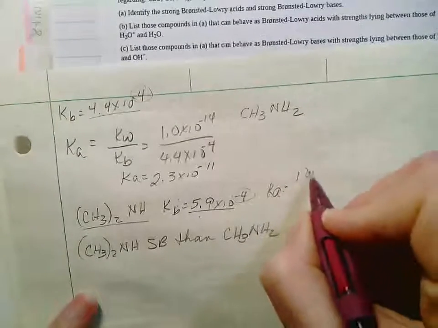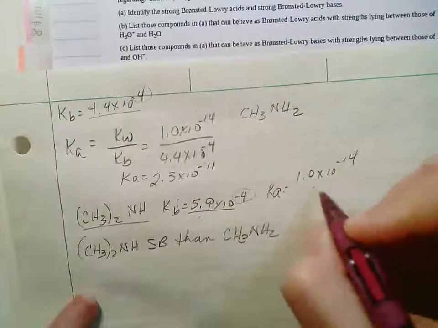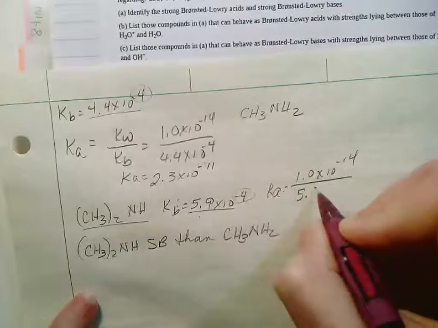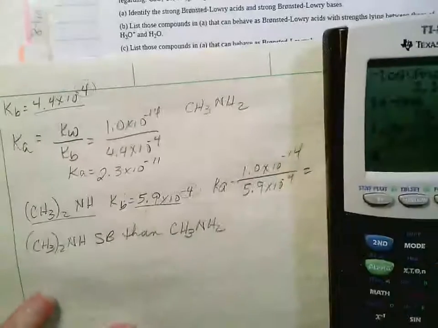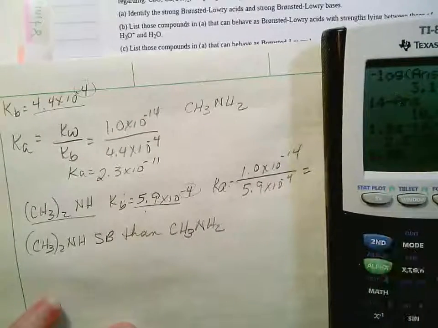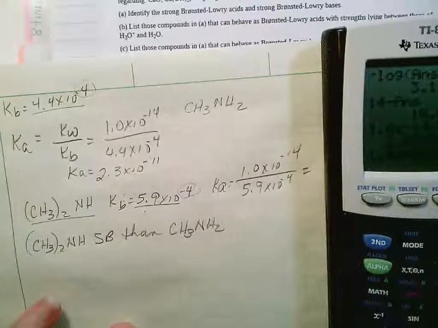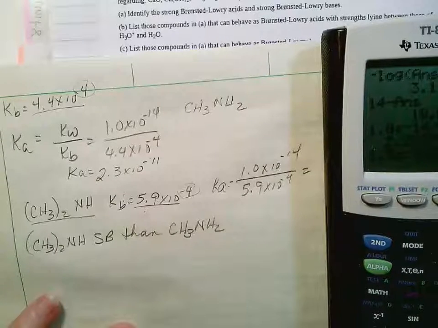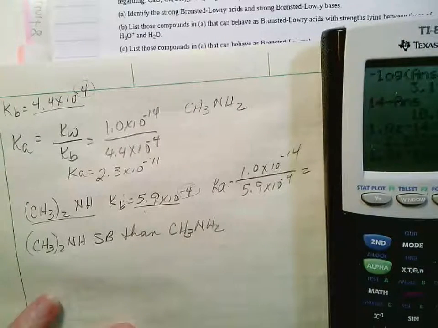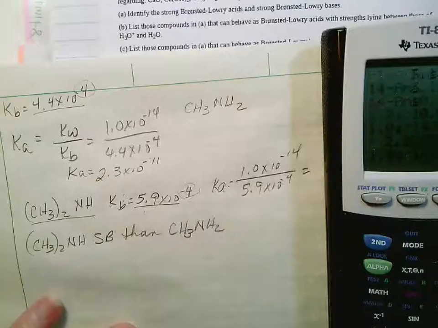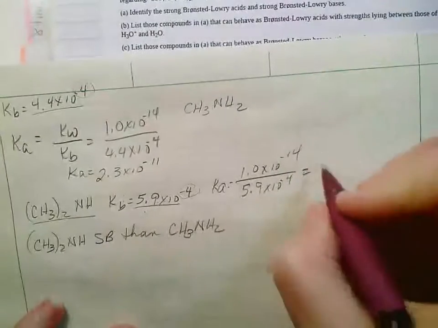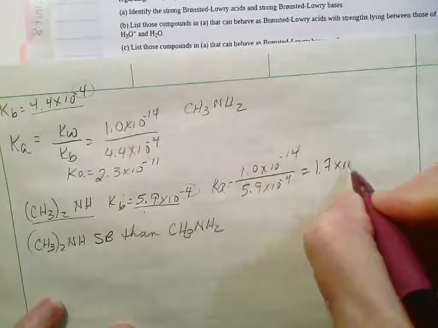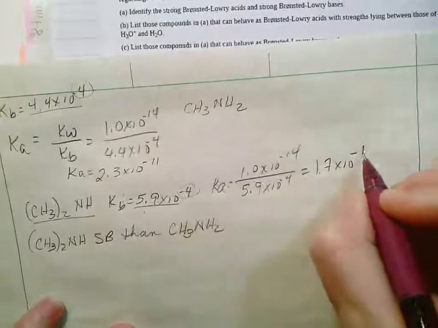So Ka here is going to equal 1.0 times 10 to the negative 14th divided by 5.9 times 10 to the negative fourth. And I get that answer is 1.7 times 10 to the negative 11th.